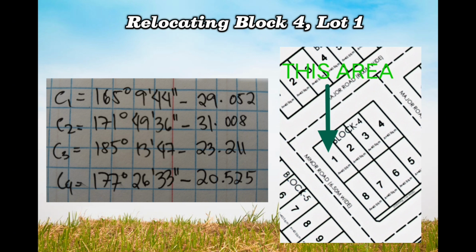And last, the fourth corner, which is 177 degrees, 26 minutes, 33 seconds for 20.525 meters. These azimuths are what we got from plotting this in AutoCAD, and you can see earlier in this video how to gather the distances or the azimuths of the lot.